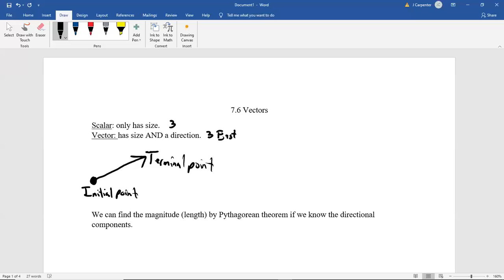In other words, we have a vector that starts here and ends here. If you have a little right triangle, and you know how far to the right you're moving, and how far up or down you're moving, so if you have these horizontal and vertical components, then you could call the vector, maybe that's c, and just go a squared plus b squared equals c squared.